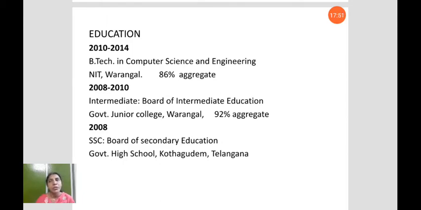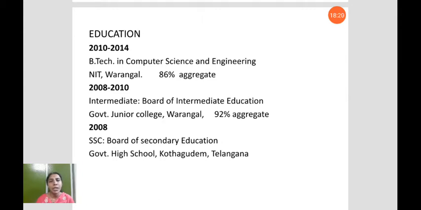So here also the years, the name of the degree, BTech in Computer Science Engineering, the complete degree name, then the institute where he studied, NIT Warangal, and the percentage, 86.